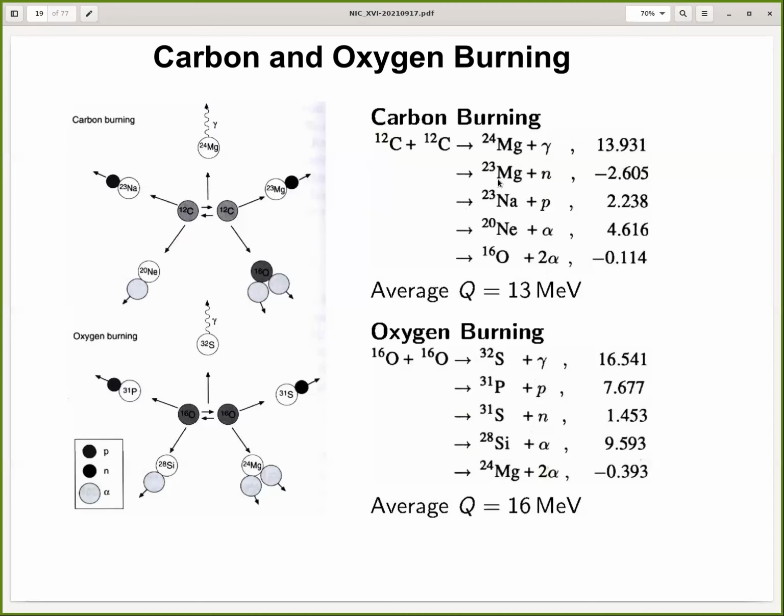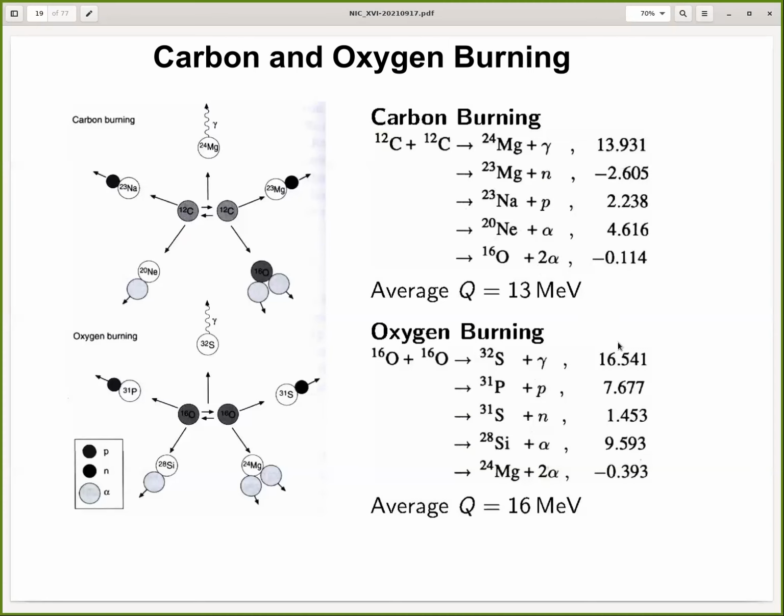Magnesium 23, for example, can also decay to sodium 23. And these neutrons and protons can capture on other nuclei, often going back to making magnesium 24 in some kind of indirect way. And that releases a lot of this extra energy, so that, including the secondary particle reactions, we end up with about 13 MeV per nucleon.